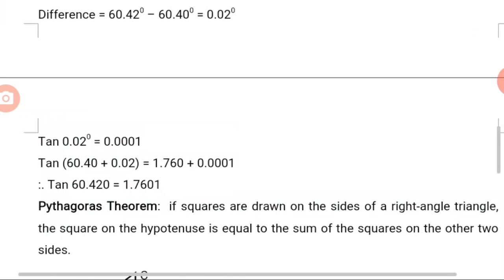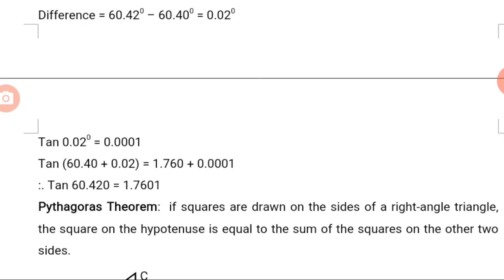Are we together? So, summarily, in sine and tan, that is tangent of angle, we add the difference. But if it is cosine, we subtract the difference. Is that clear? So, let's move on to the next one.